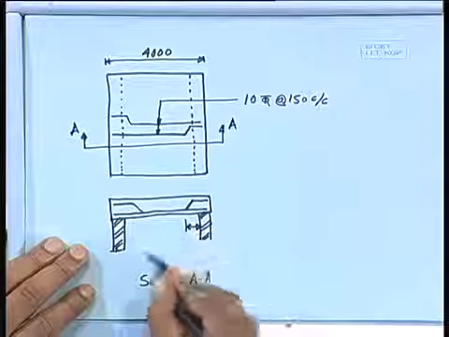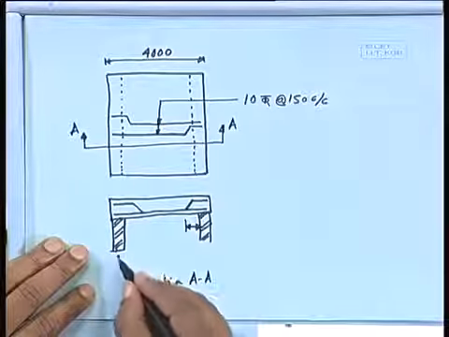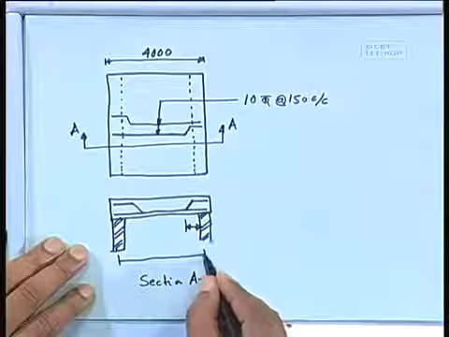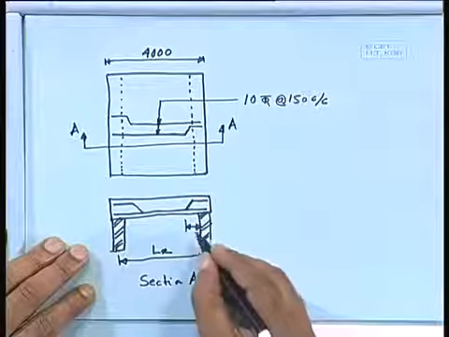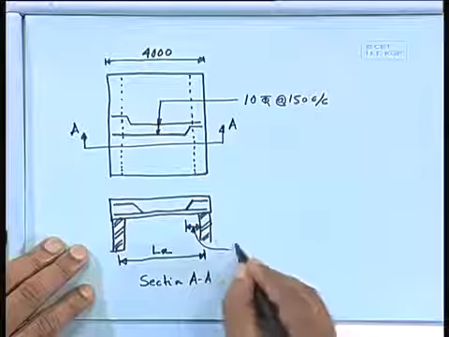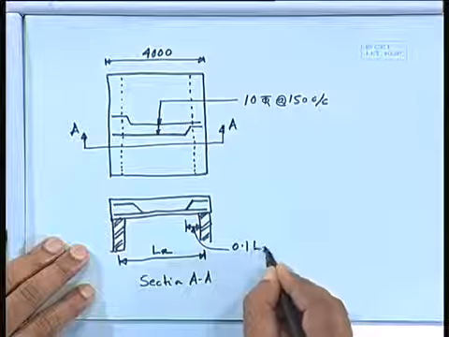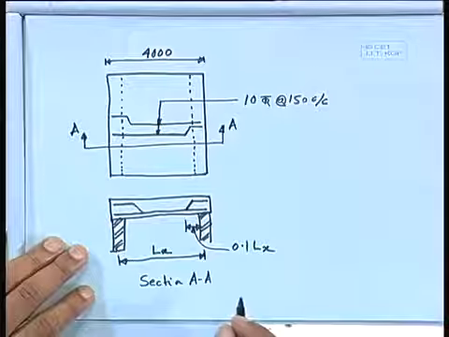What about this distance? If the center to center distance is Lx, then this one will be 0.1 Lx, that is the one, it will be 0.1 Lx.